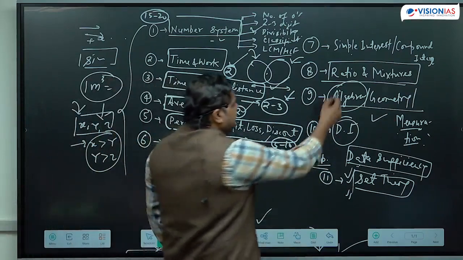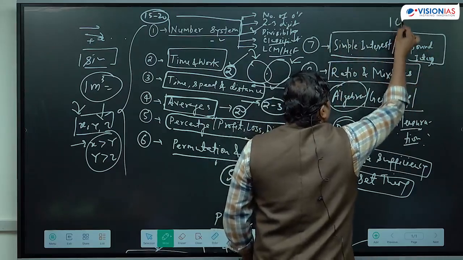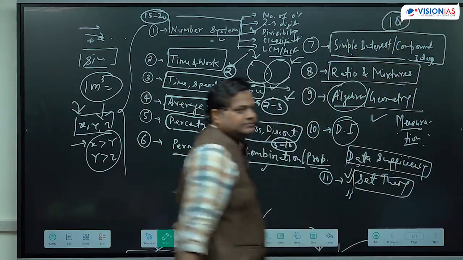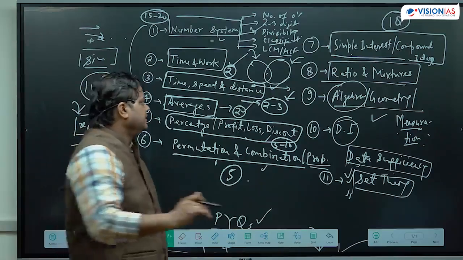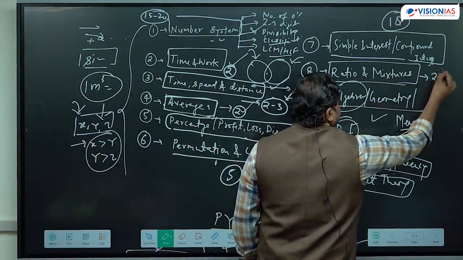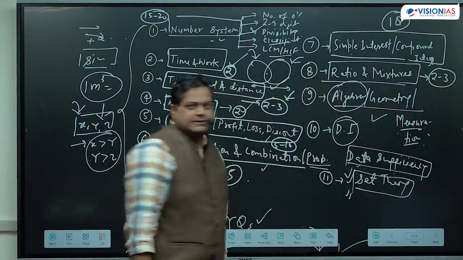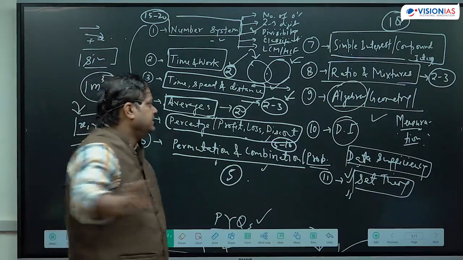Then we have this simple interest, compound interest. 1 question we can get from this topic. Then we have ratios and mixtures. 2 to 3 questions.